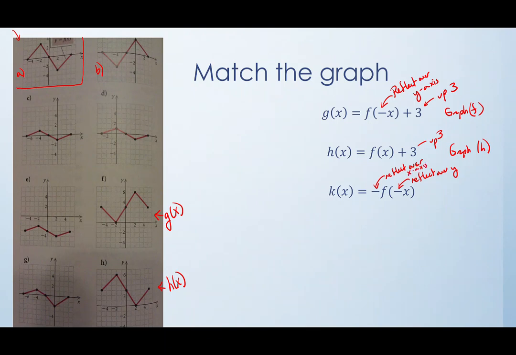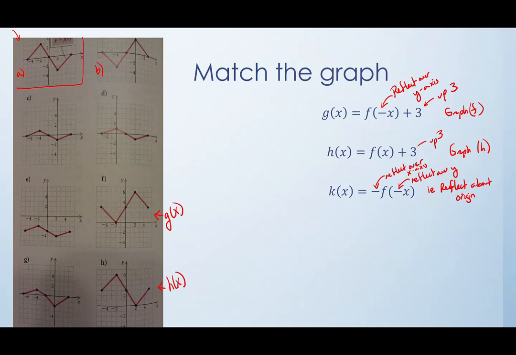And you may remember that those 2 reflections together are the same as saying reflect about the origin. Really, the real question is, is this thing symmetric about the origin? Well, it's kind of the same thing.